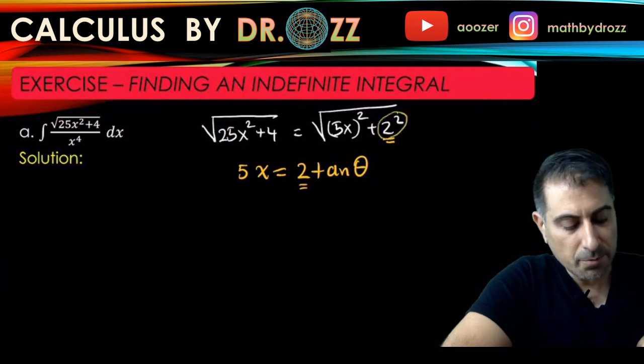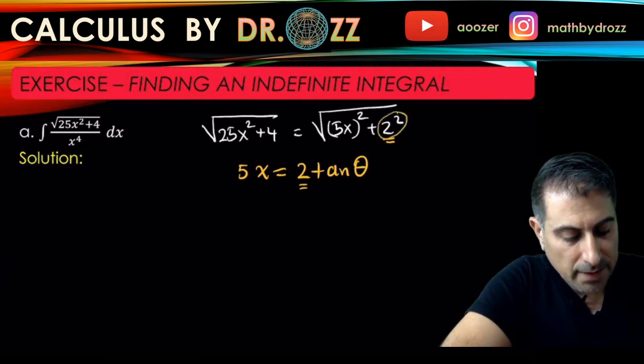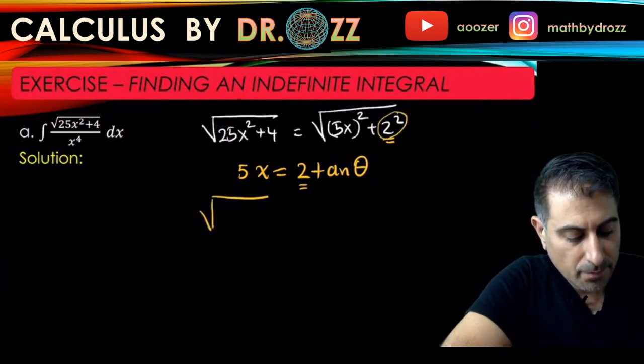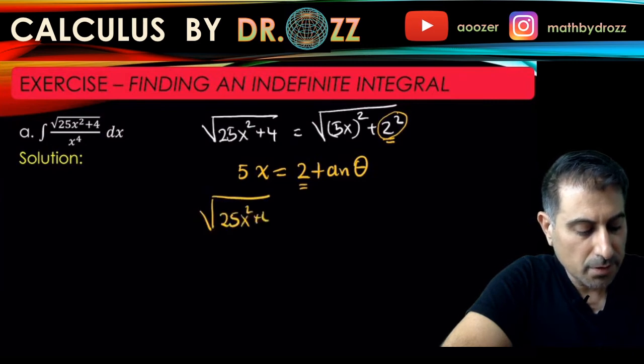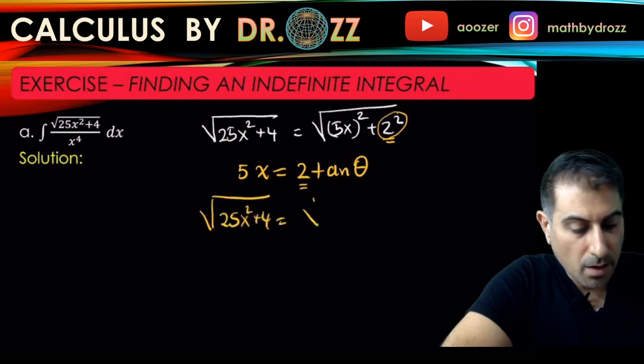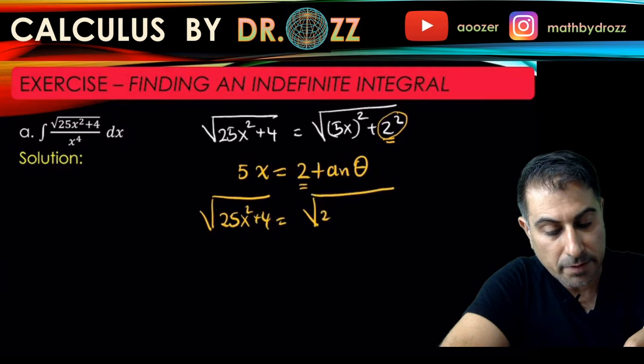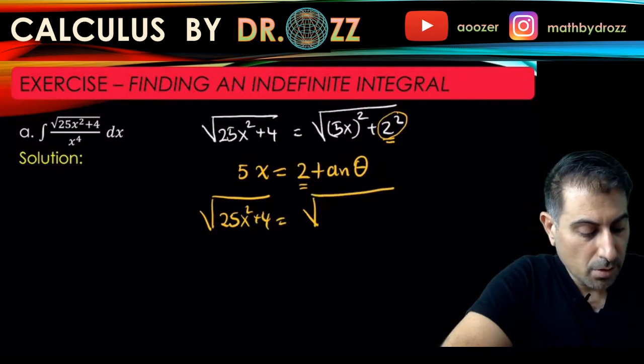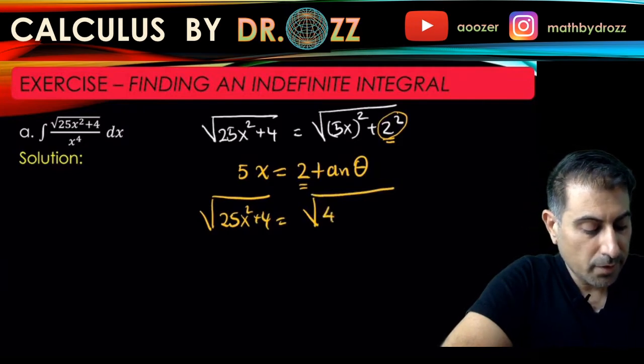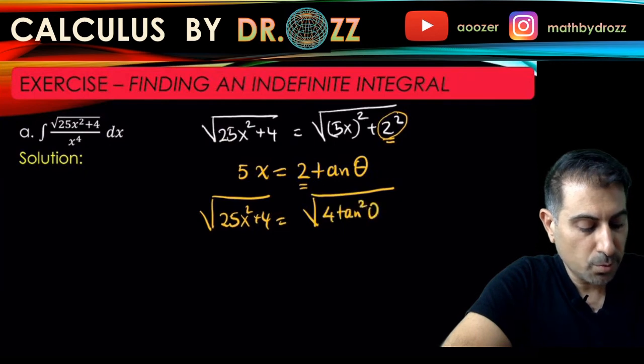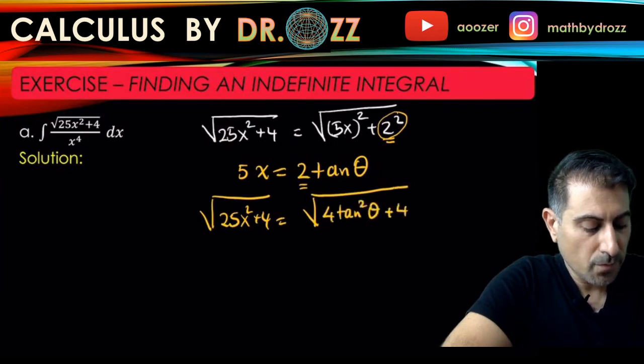Okay, so let me just write it down. Maybe you will see that better. So this in turn is 4 tan squared theta plus 4. When you pull out 4, this is tan squared plus 1.